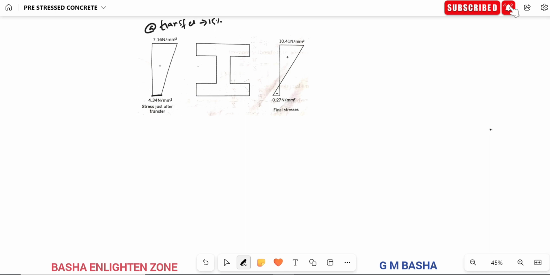Both are positive, therefore both are towards the right. And again, with a further 10% loss, meaning overall 25% loss, for the I section one will be positive and another negative. This is the reason. So we can add both of these. This is the final stress diagram: first for the transfer, and again the further loss for the 25%.